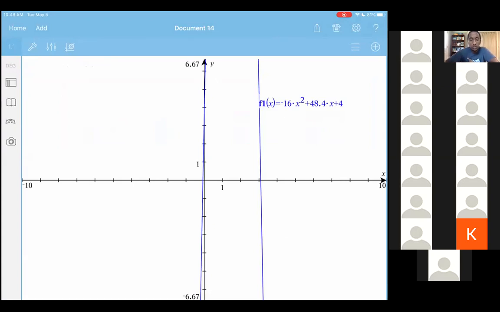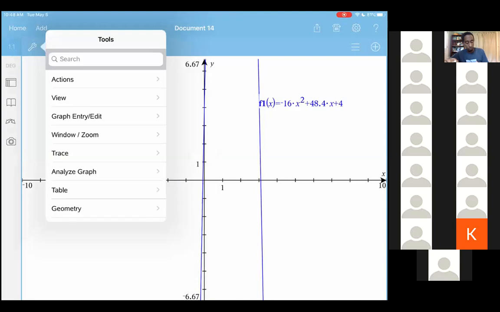Now take note that this is not the graph of the path of the ball. This is the graph of the vertical distance of the ball with respect to time. That's important to note. This is not the graph of the path of the ball because y represents vertical height or position. X in this case, which is t, represents time. So this is showing as time is passing, how high is the ball. That's just important to know.